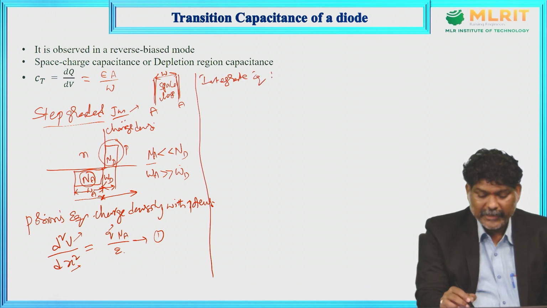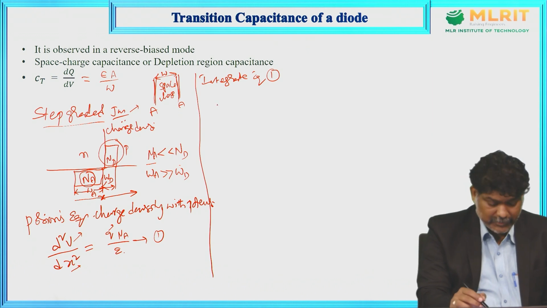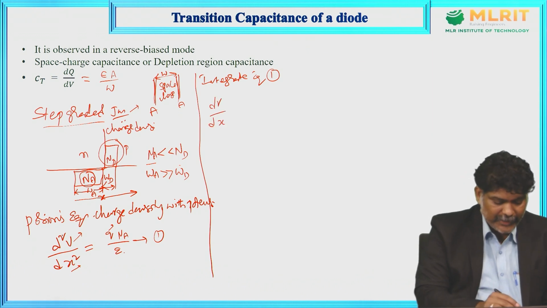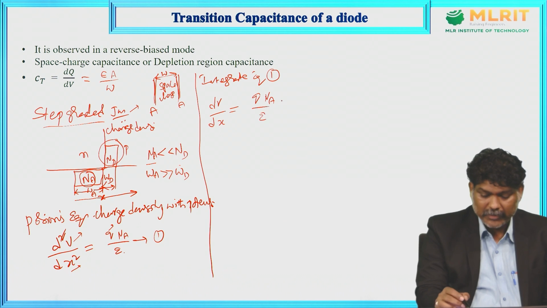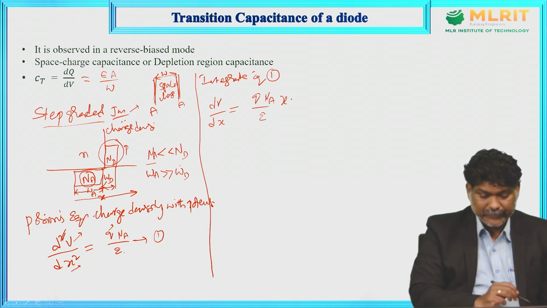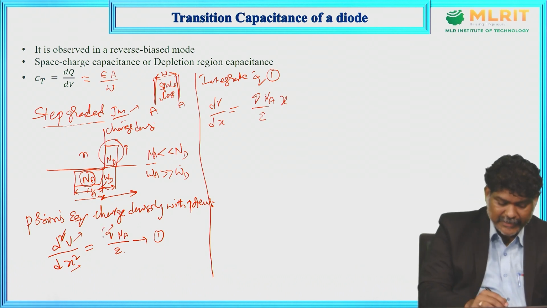If you integrate equation 1, what happens? dV by dx: already one integration, the square is gone. So dV by dx equals QNA upon epsilon into x, because we have integrated on the right side. The integral of dx will come, so the integral of dx means x.